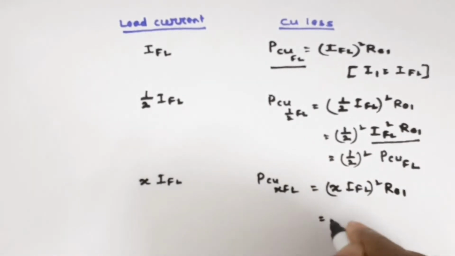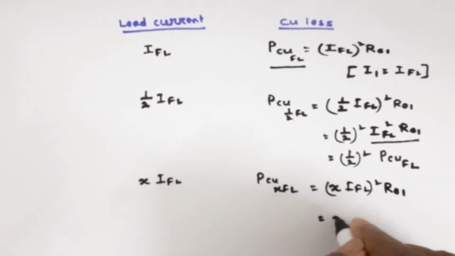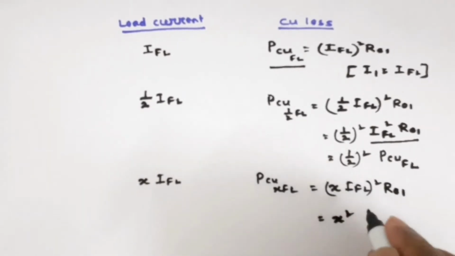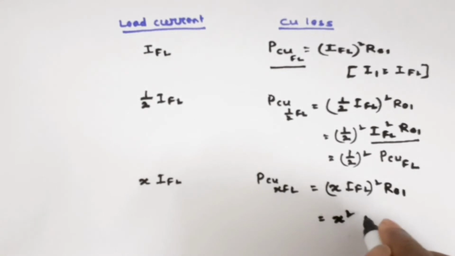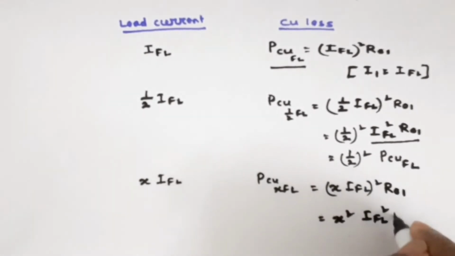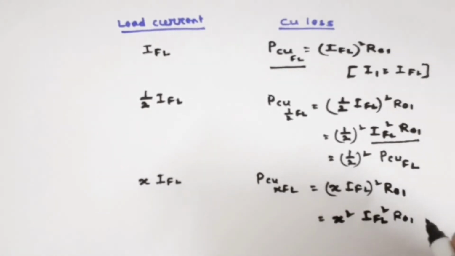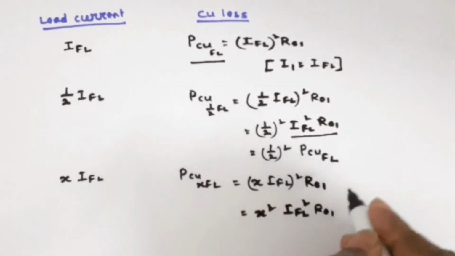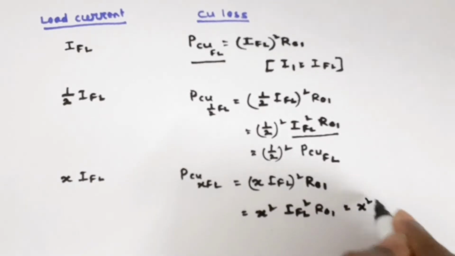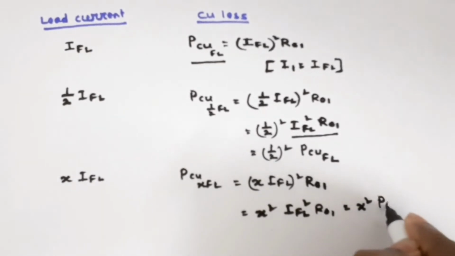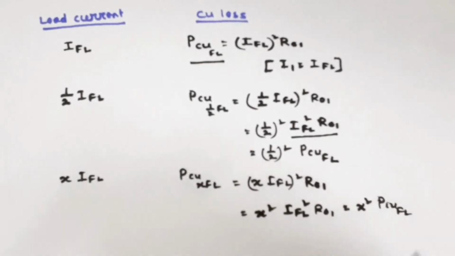Then I can write this as X square into I of FL square into R01, that is equal to X square into the copper loss at full load.